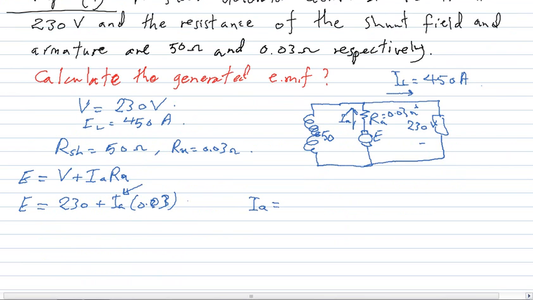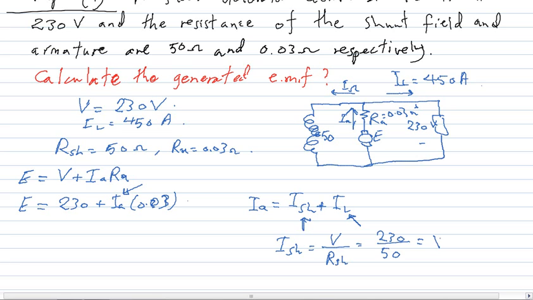So IA, in this type of generator, is equal to I shunt plus the load current. The load current is known to us, it is 450, but the shunt current is unknown. To find the shunt current, it is the terminal voltage divided by the shunt resistance. Terminal voltage is 230, the shunt resistance is 50, and this will be 4.6 amps.